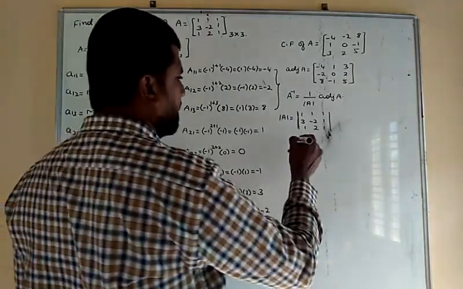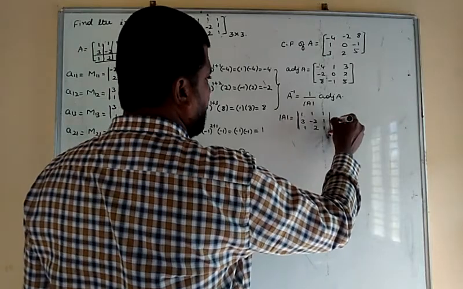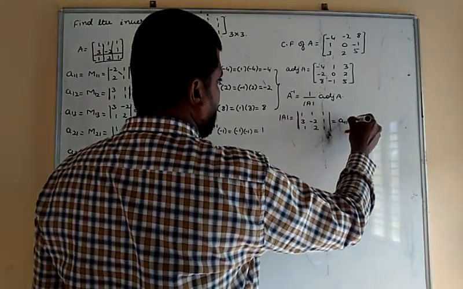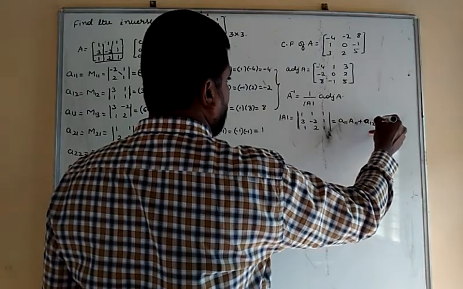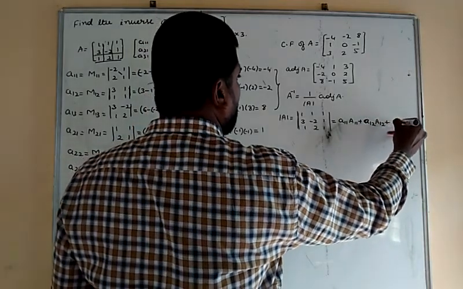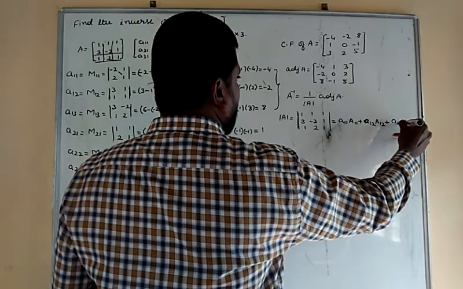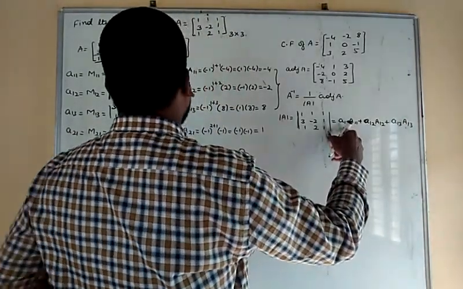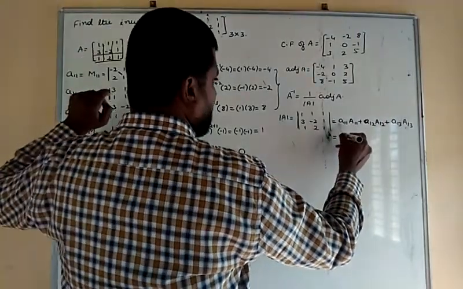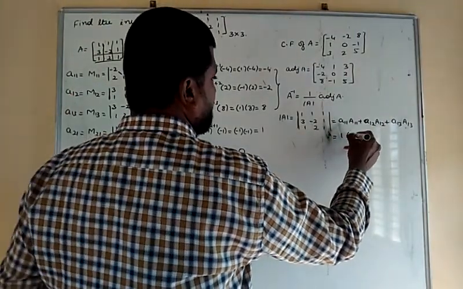First column means we can write A11 into cofactor of A11 plus A12 into cofactor of A12 plus A13 into cofactor of A13. So A11 element is 1, 1 into cofactor is minus 4.